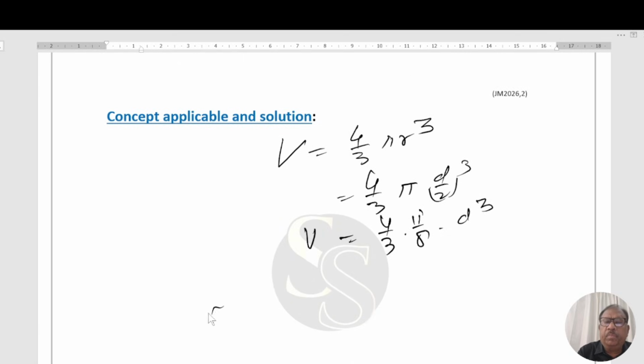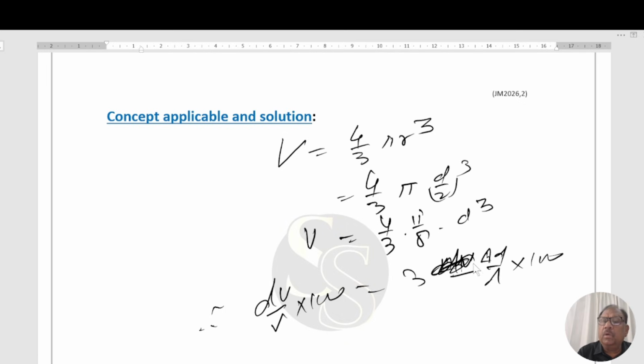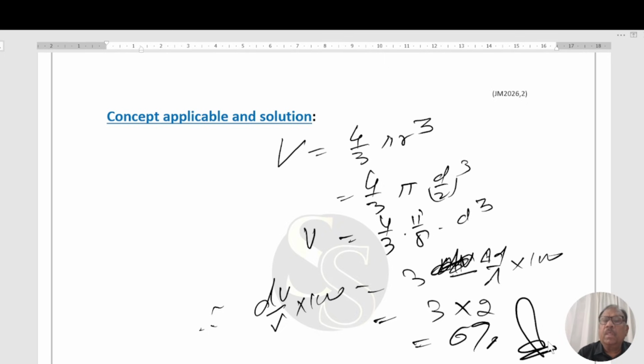Therefore percentage error dV by V into 100 is thrice delta d by d into 100. So this comes out to be 6%, right?